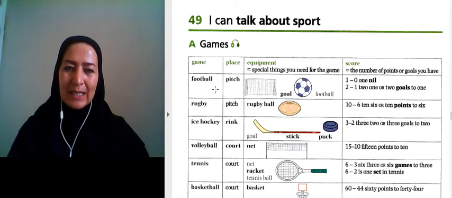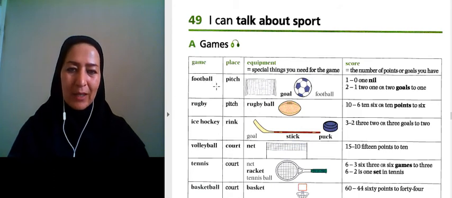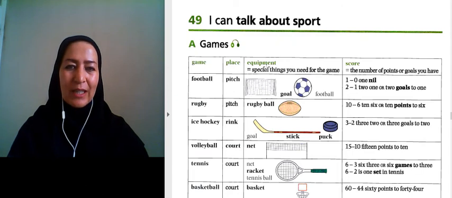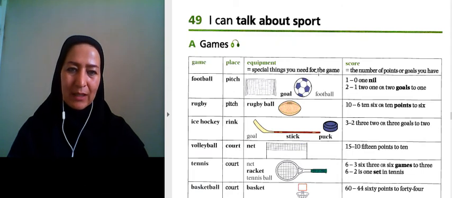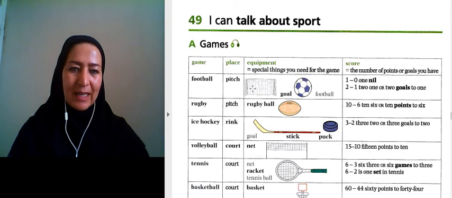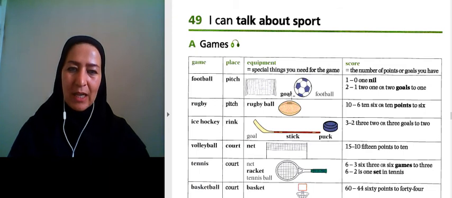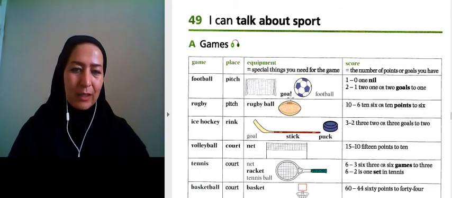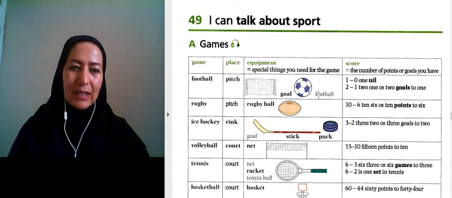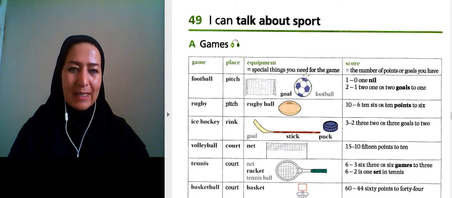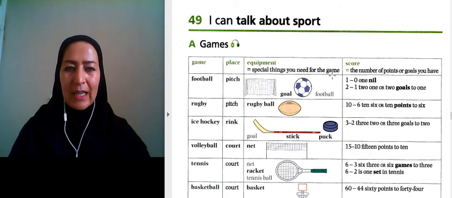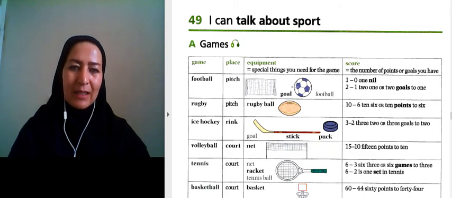The place that we can play football in is called a pitch, and the equipment that we need to play football includes the net, and we say goal. It can be goal and nets too. And we say ball. Special things you need for the game, so the net and the ball.